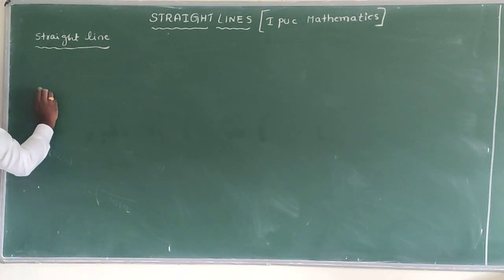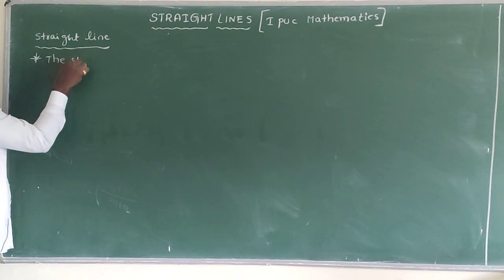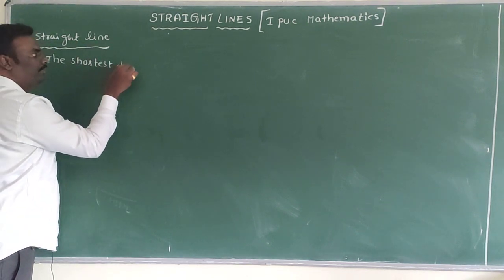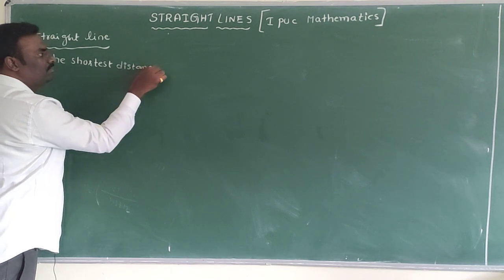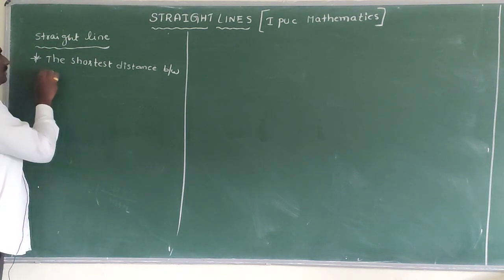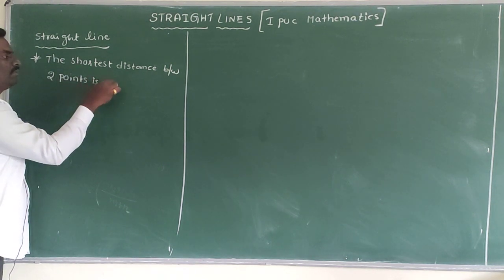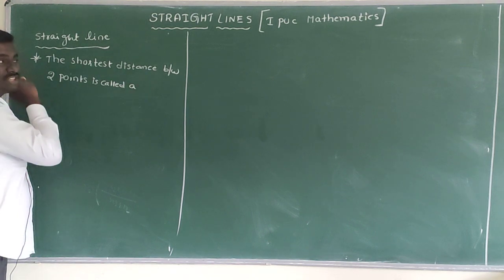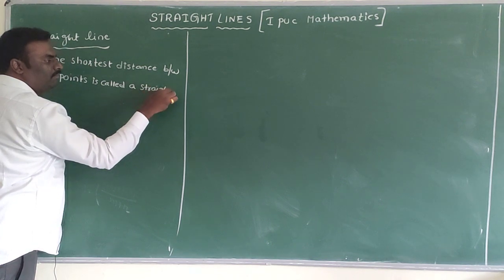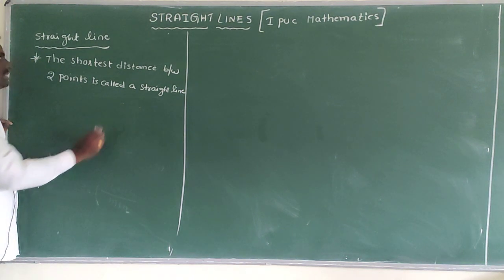So the first definition of a straight line is: the shortest distance between two points is called a straight line.